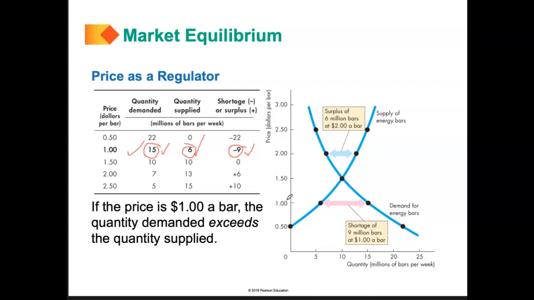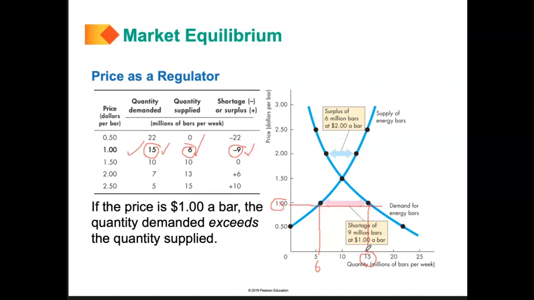Shortages in a market always happen when price is artificially set below the equilibrium price. In this case, we have price set at 1, so we have quantity supplied being 6 only, and quantity demanded being 15. Quantity demanded exceeds quantity supplied, meaning there are more people willing to buy energy bars than there are energy bars to be sold.